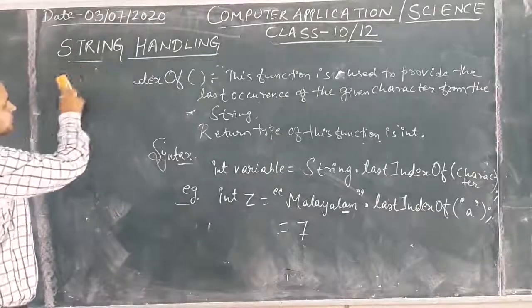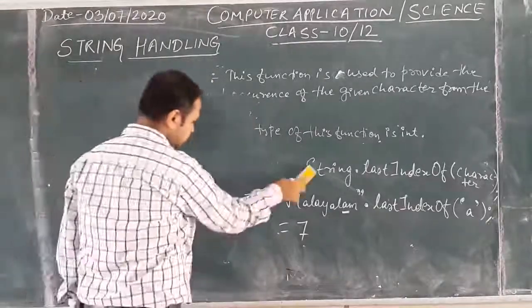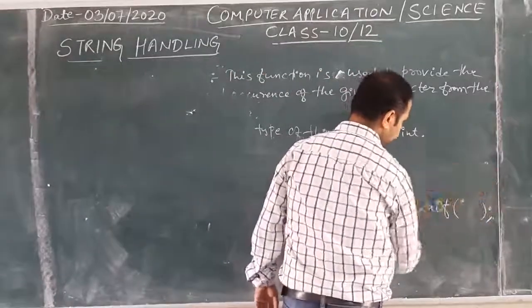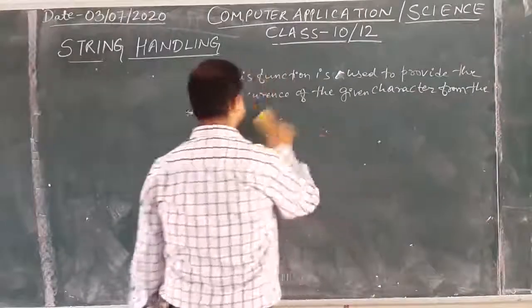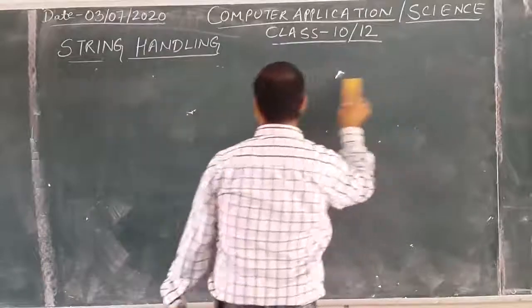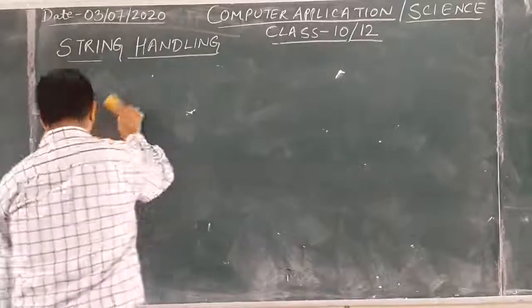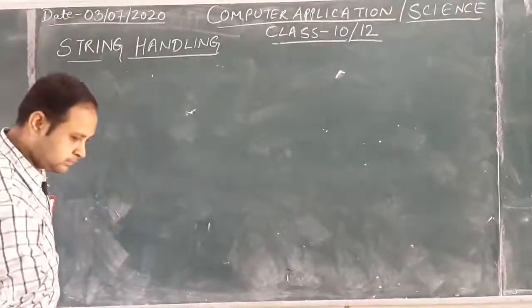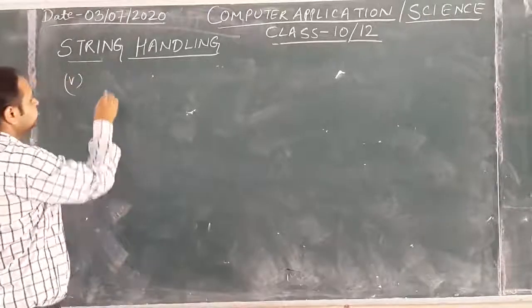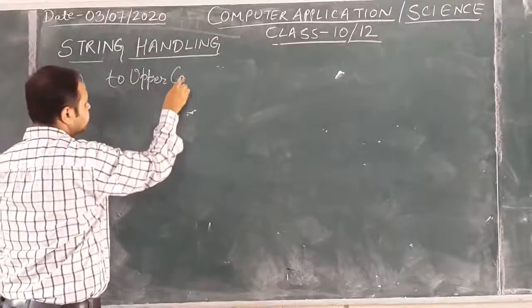The next function is toUpperCase. So number 5 is toUpperCase.